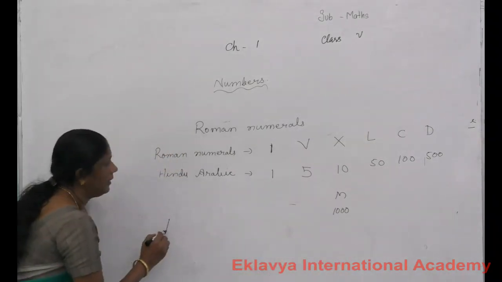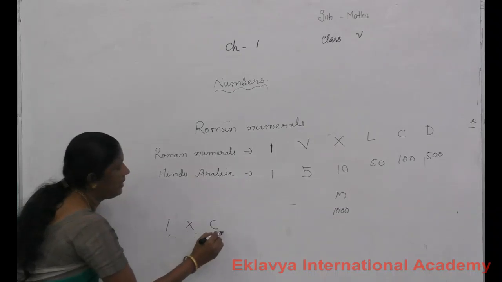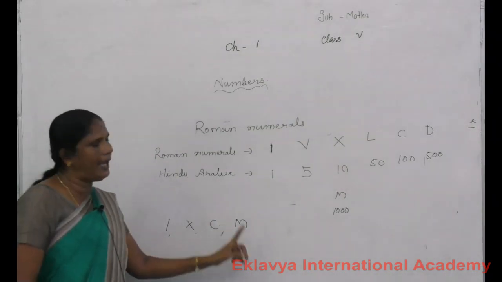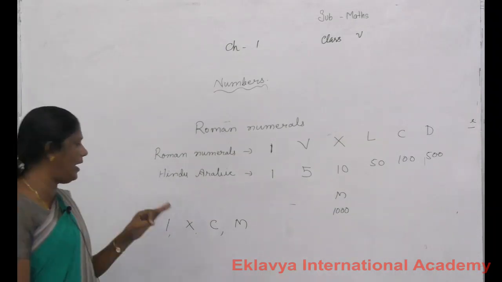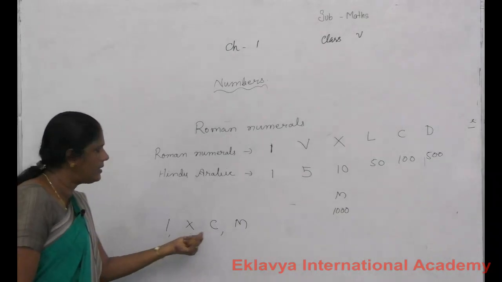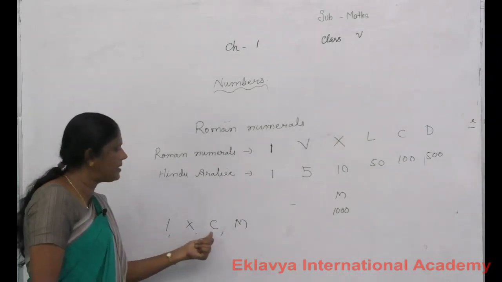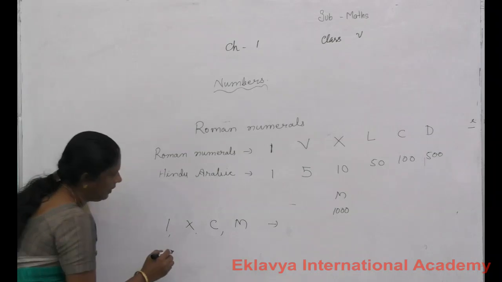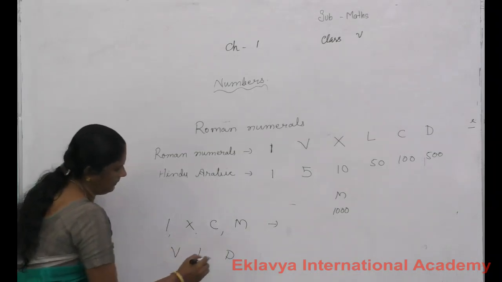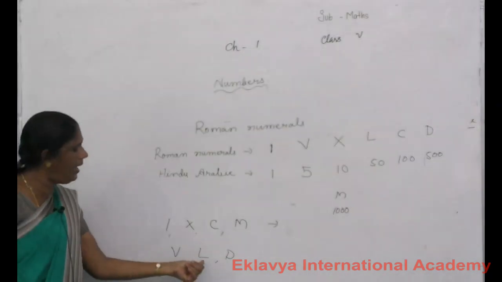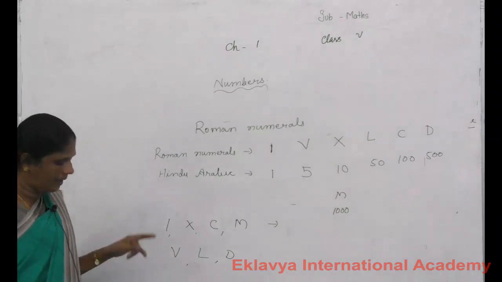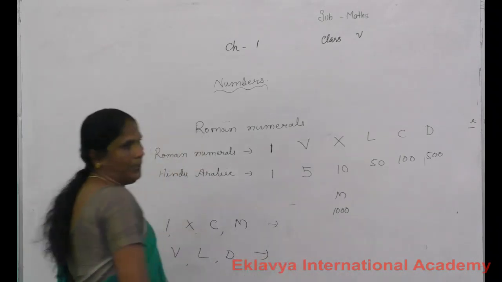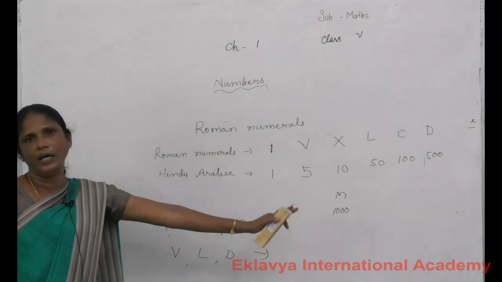I, X, C and M are repeated at most 3 times. V, L and D are never repeated.